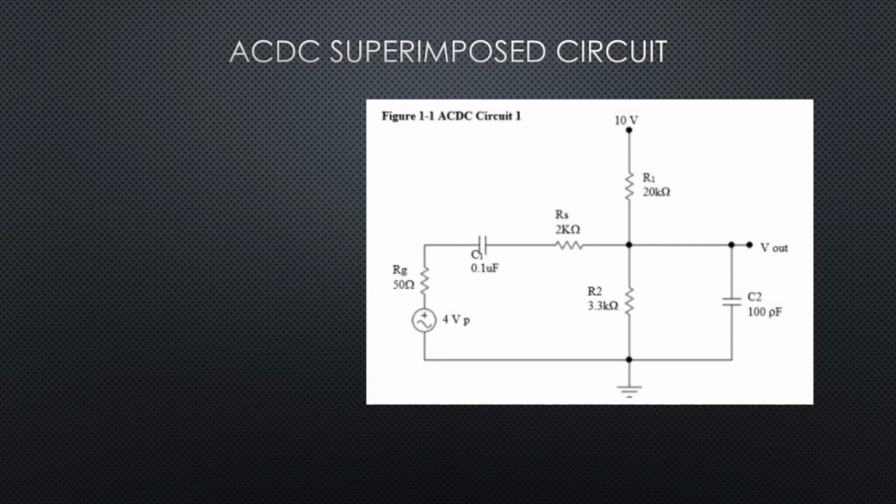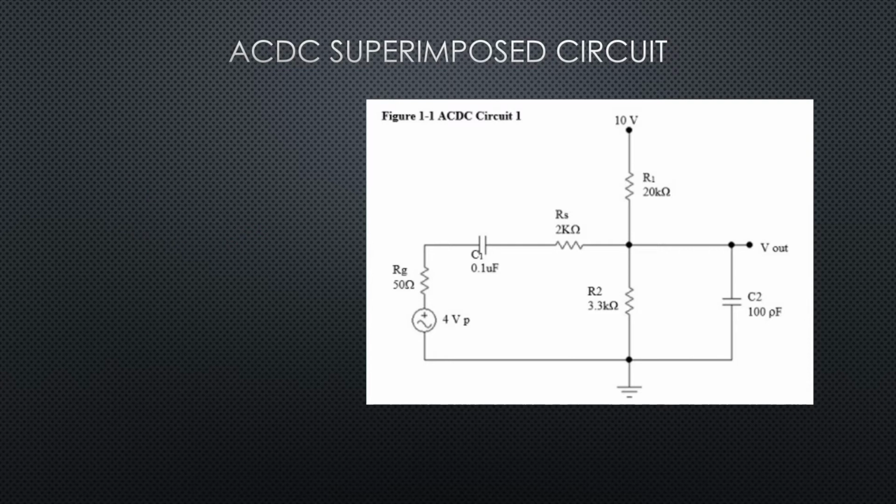I'm just going to redraw the circuit here, and we've got our 10 volts in series with R1, and then in series with R2. And we know our V out is right here. And so we don't even need to include RG or the capacitors because we know that at DC the capacitors act like an open.